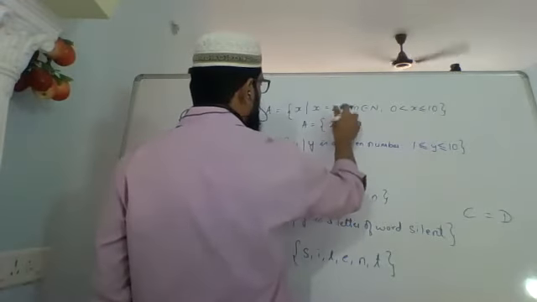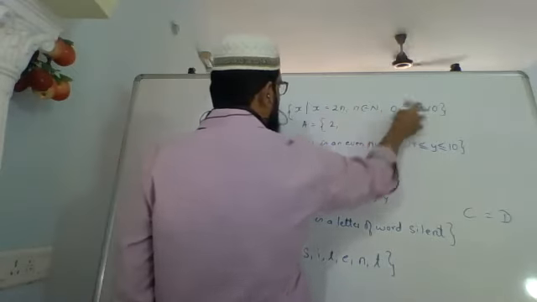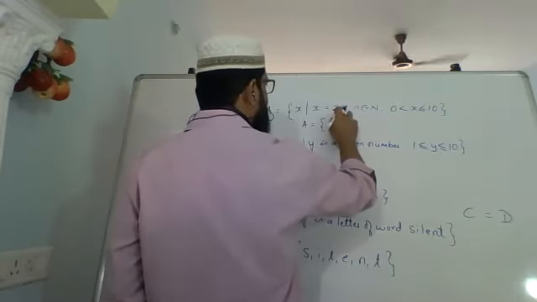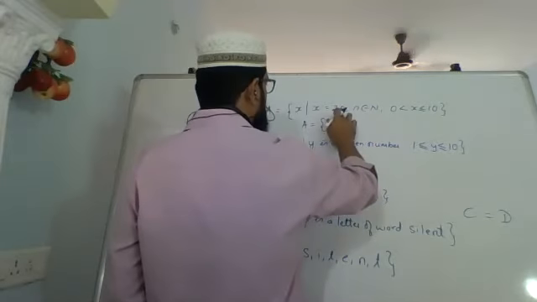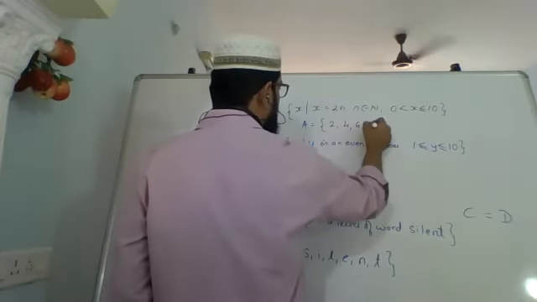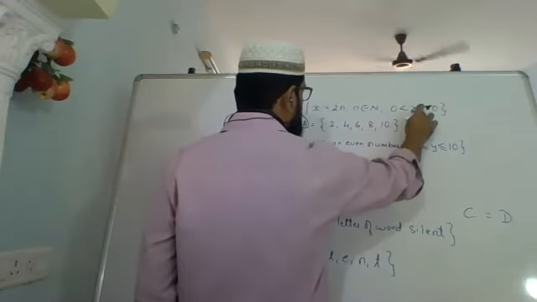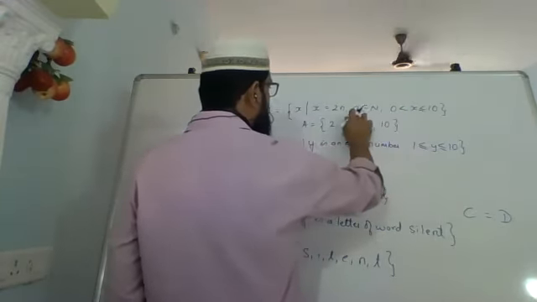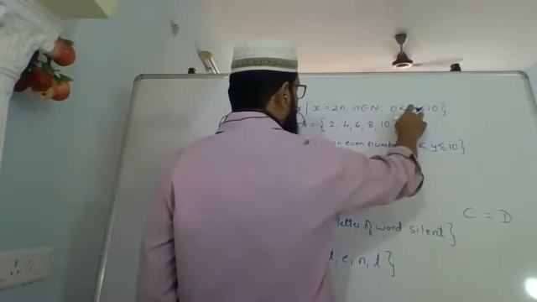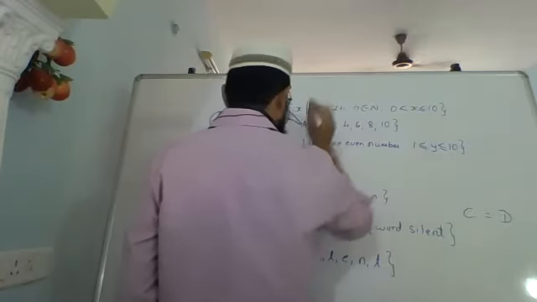N equals 2, 2 2s are 4. 4 lies between this, yes. N equals 3 because n belongs to natural numbers. So n starts with 1, 2, 3, 4, 5, 6. So 3 2s are 6. 4 2s are 8. 5 2s are 10. Why 10? Because it is equal to 10. N equals 6, 6 into 2 is 12. x has to be less than or equal to 10. 12 is not less than or equal to 10, so it will end over here.